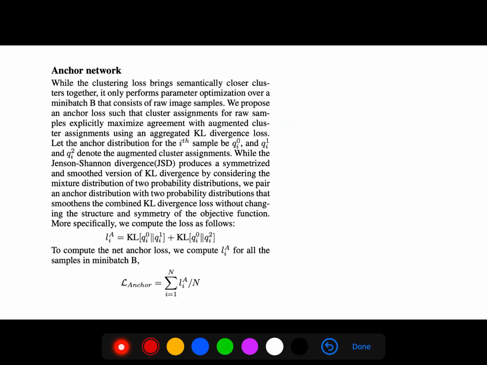For the anchor network, while the clustering loss brings semantically closer clusters together, it only performs parameter optimization over a mini-batch that consists of raw image samples. We propose an anchor loss such that cluster assignments for raw samples explicitly maximize agreement with augmented cluster assignments using an aggregated KL divergence loss. Let the anchor distribution for the ith sample be these.